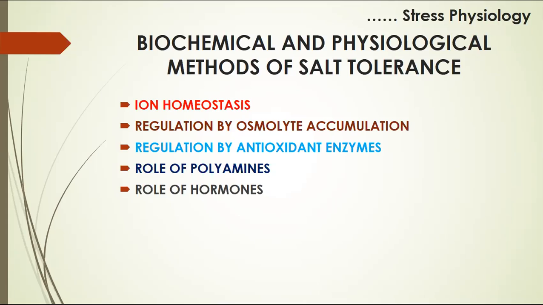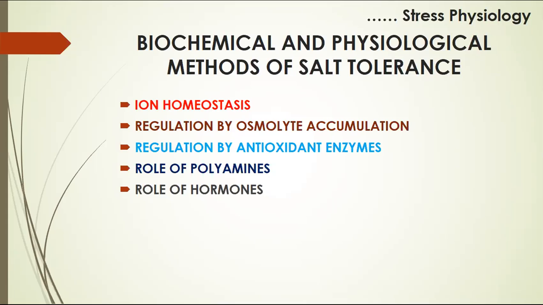So a quick review of biochemical physiological methods of salt tolerance: ion homeostasis, regulation of osmolyte accumulations. I gave you names of those osmolytes, if you remember: proline, glycine betaine, polyols, and sugar carbohydrates. Regulation by antioxidant enzymes. We spoke about SODs, CAT, APX, and GPX.